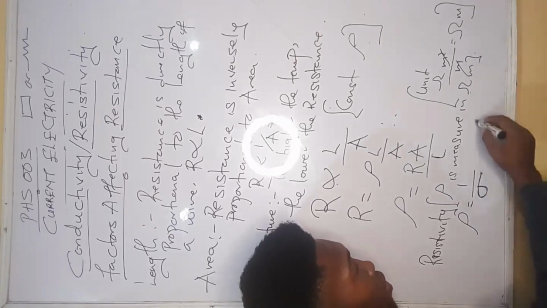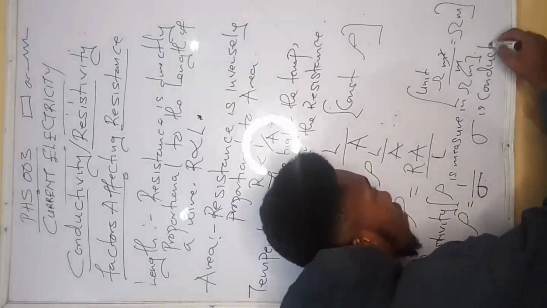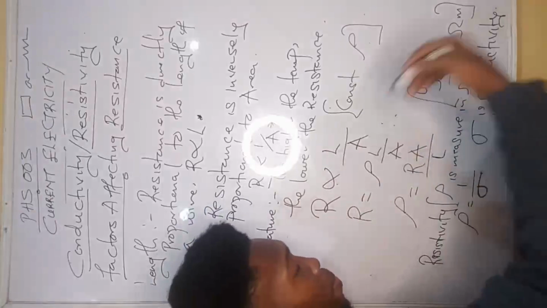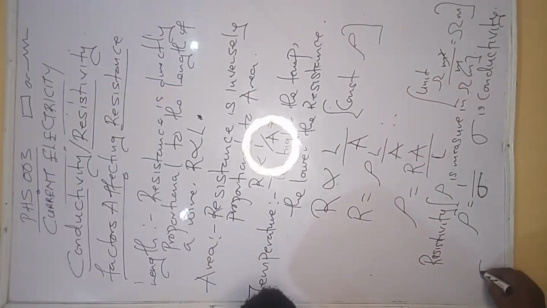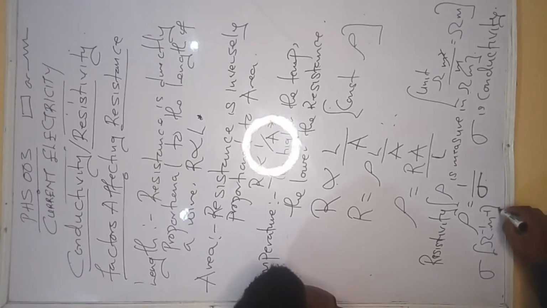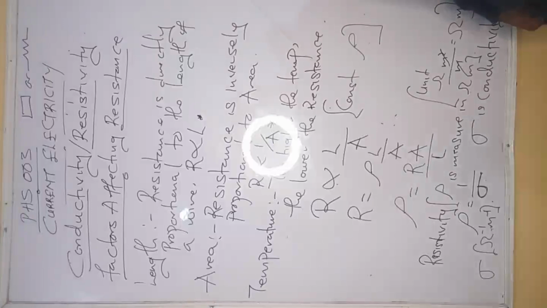This is the symbol for conductivity, measured in per ohms per meter. Have you written this down?